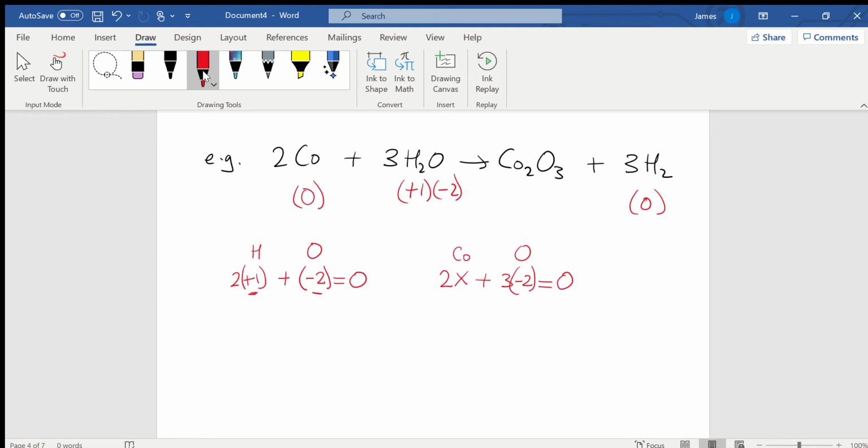So I just have to solve for the oxidation state of cobalt. I have 2x minus 6 is 0. Take the 6 to the other side. 2x is plus 6. If I divide both sides by 2, I have x is plus 3. So that's why we were saying cobalt 3 oxide. So plus 3 for cobalt, -2 for oxygen. Okay, so that's good.